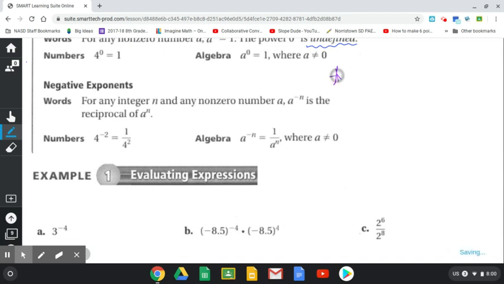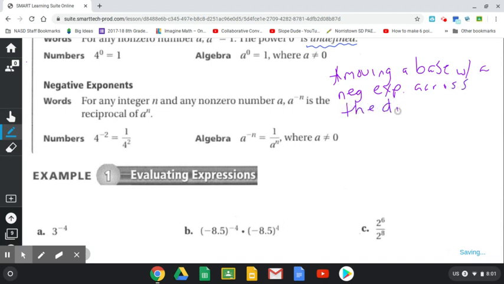So moving a base with a negative exponent across that division bar changes the exponent to positive.